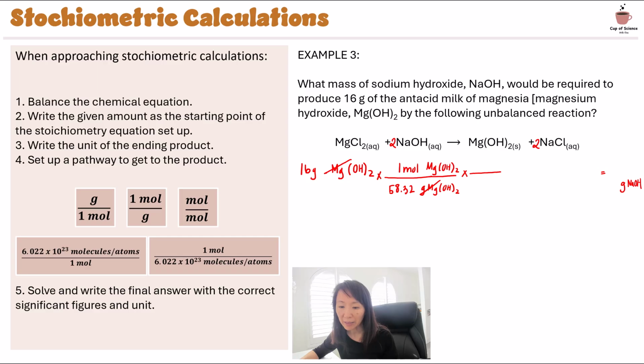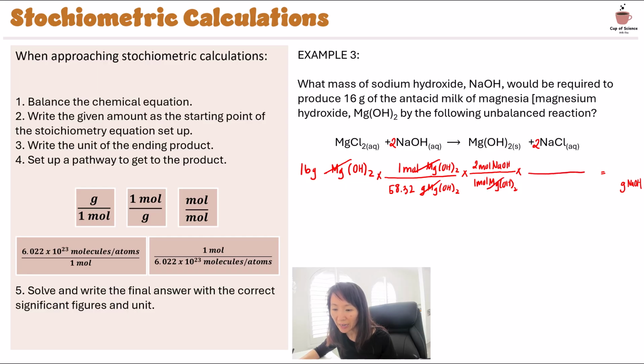Based on the balanced equation, for every 1 mole of magnesium hydroxide, there are 2 moles of sodium hydroxide. See the coefficient in front of the magnesium, and here is my sodium hydroxide coefficient 2. So I can cancel out the moles of magnesium hydroxide.